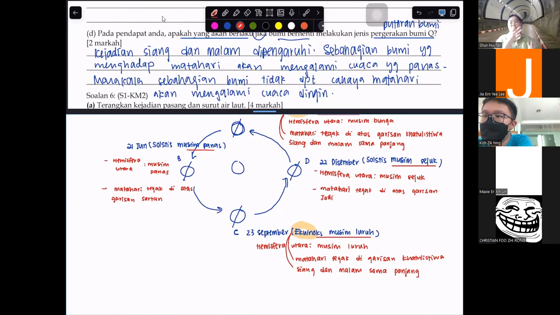Of course, there's more to explain in musim panas and musim sejuk. Other than that, because your sunlight is focused on the upper part, it means in your hemisfera utara.